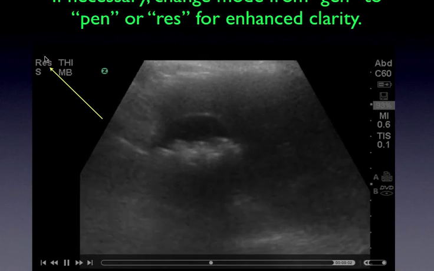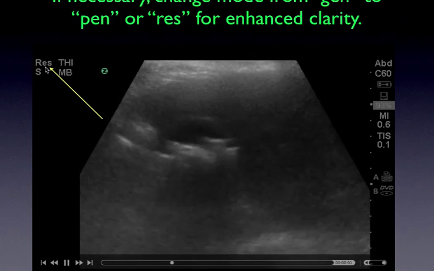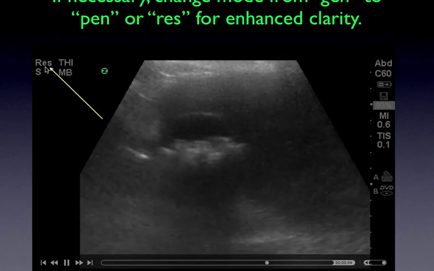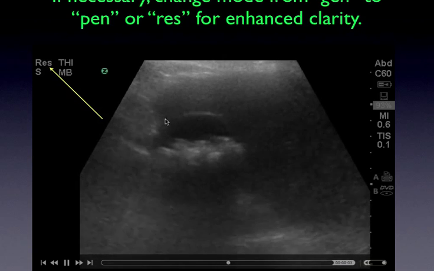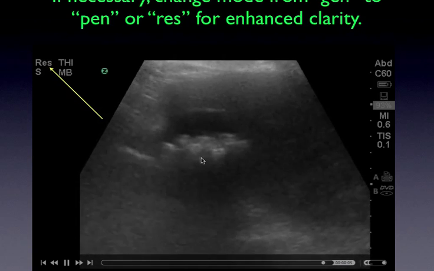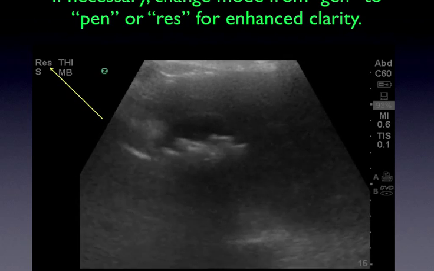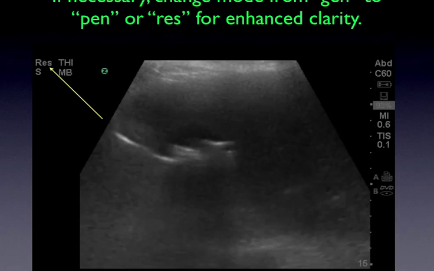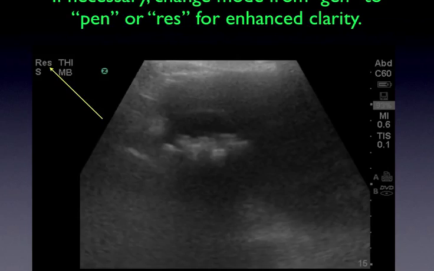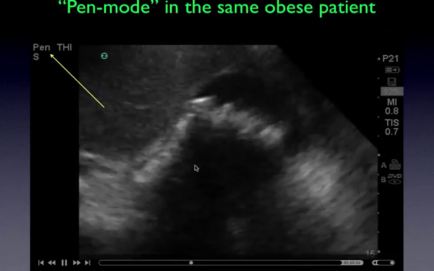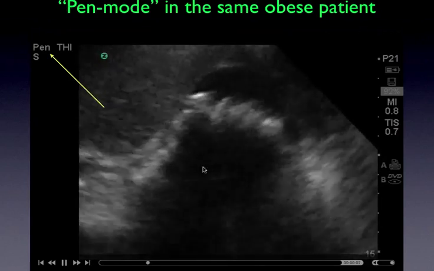This is the res mode, the resolution mode. So this is for more superficial structures. It doesn't penetrate as well. Same probe, but you're using a higher frequency. So over here is the gallbladder. Very difficult to see stones. And shadowing, which isn't very clear. So if we change from the res mode, or typically the gen mode, and we go to the pen or penetrating mode, same patient, and now you can see the gallstones and very clear shadowing.